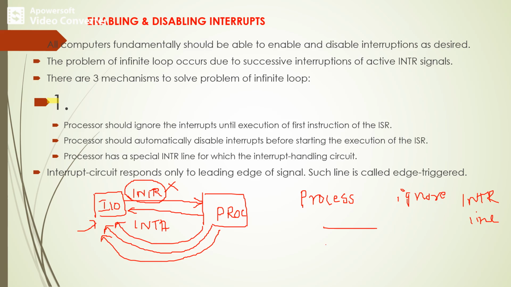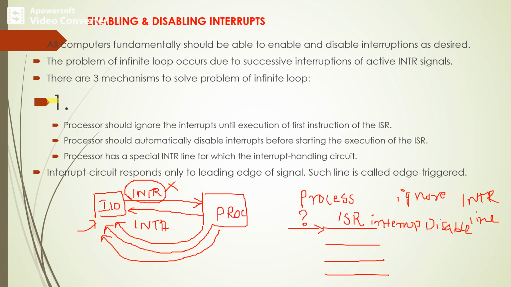Whenever the interrupt is called, the set of instructions which are executed is called the ISR. So in technique 1, the processor ignores the INTR line until the execution of the first instruction in the ISR. Now what is that first instruction in the ISR? The first instruction itself within the ISR is interrupt disable, that is, initially itself we can disable the interrupt.